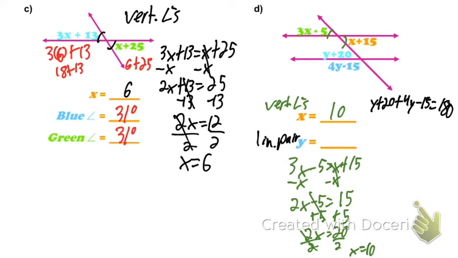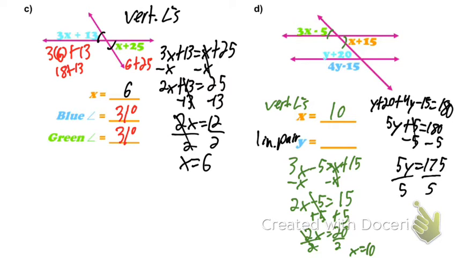Y plus 4y, we combine like terms since they're on the same side of the equal sign, gives us 5y. 20 minus 15 is going to be plus 5, equal to 180. Subtract 5 away. 5y is equal to 175. Divide by 5. y is 35.